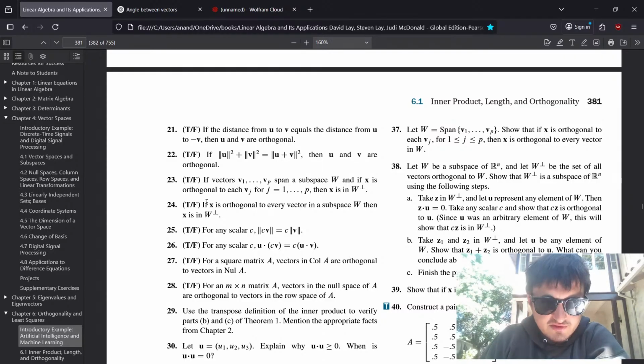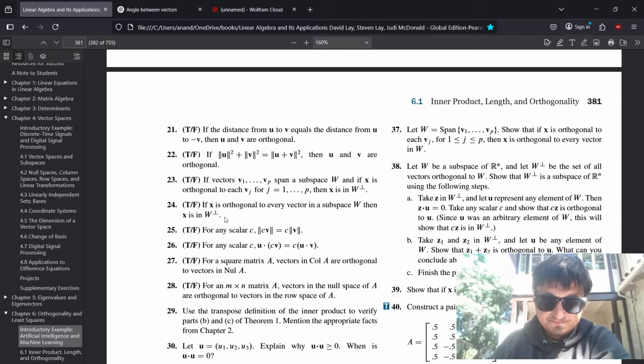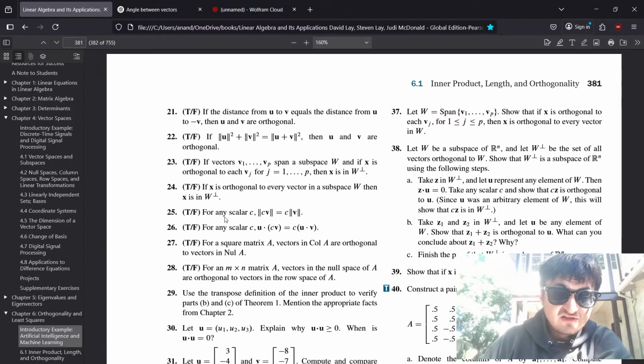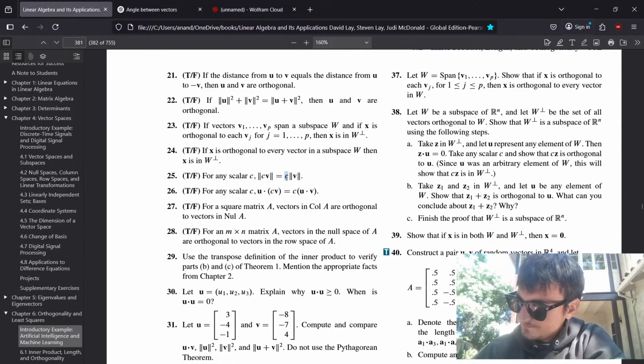If X is orthogonal to every vector in a subspace W, then X is in W perp. That's also true. That's true. Is there some sneaky stuff they just got by me? This is false, because you need to take the abs val of C.